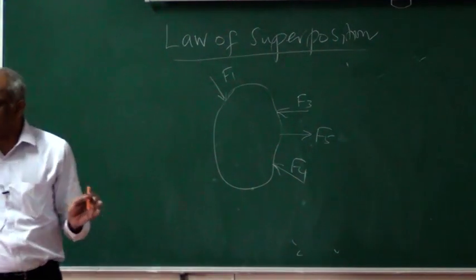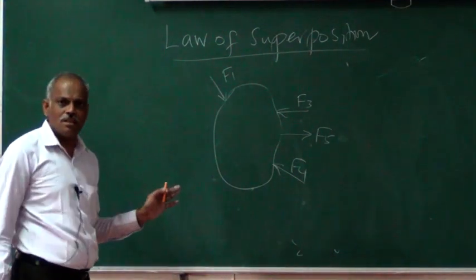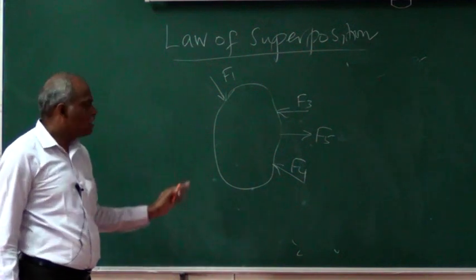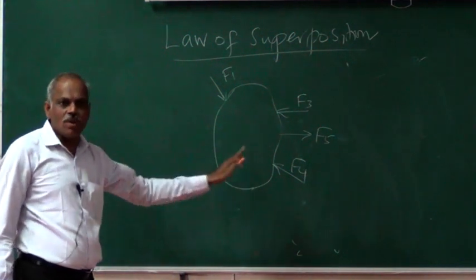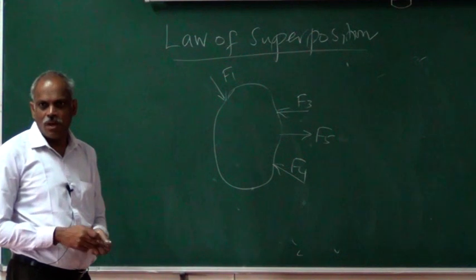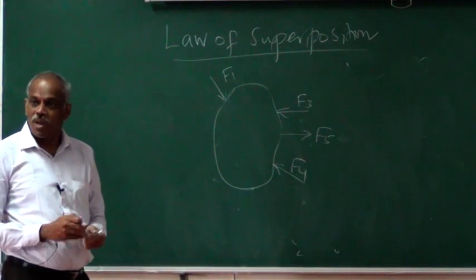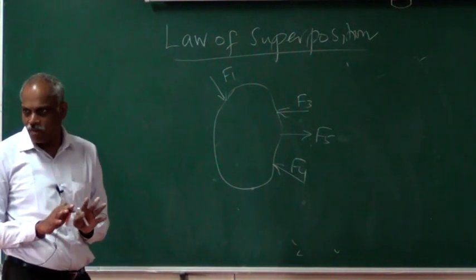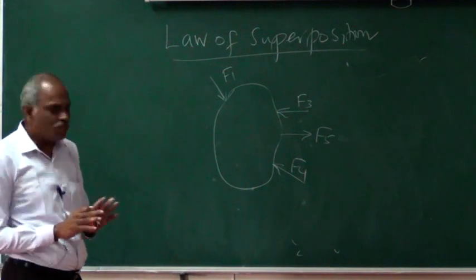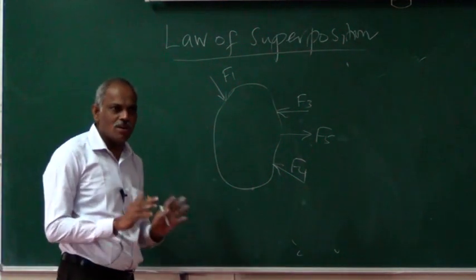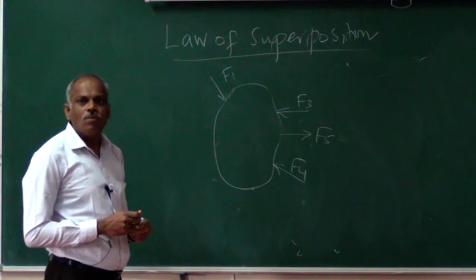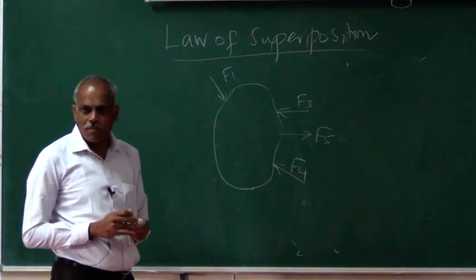Maybe this system of forces keep this body in equilibrium. Now it may be in equilibrium or may not be in equilibrium. If the resultant of these net forces is zero, it will be in equilibrium. For example, you say it is in equilibrium.